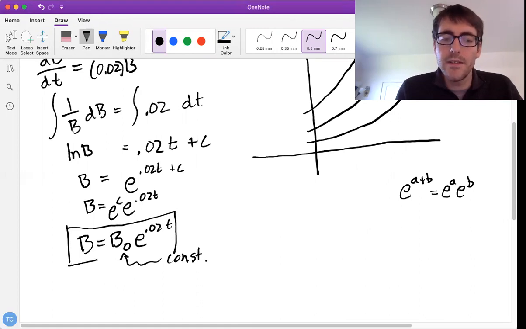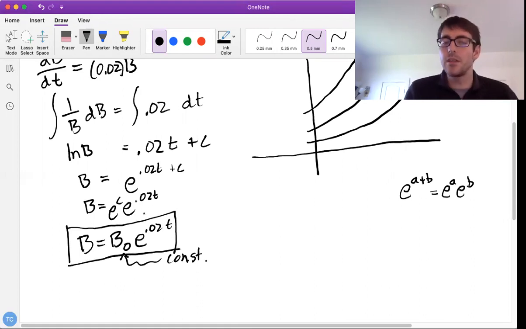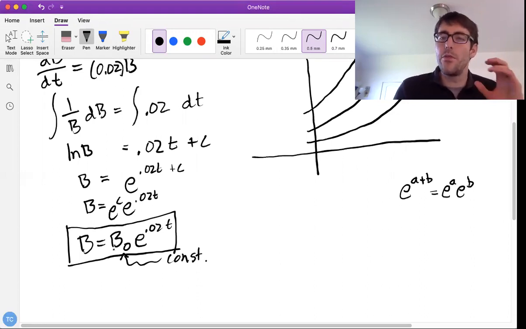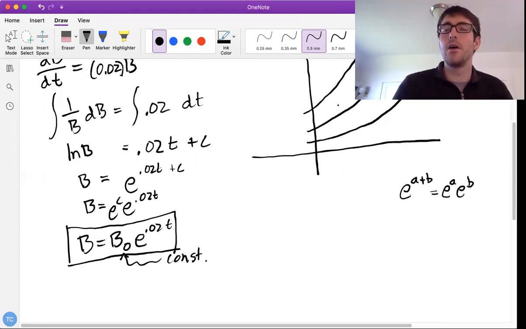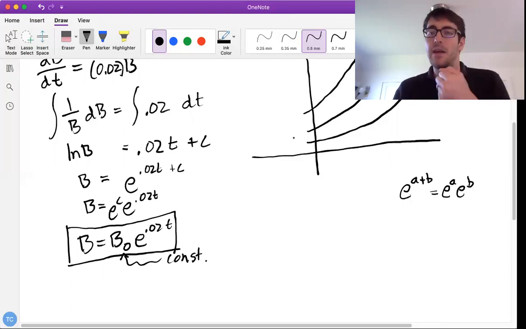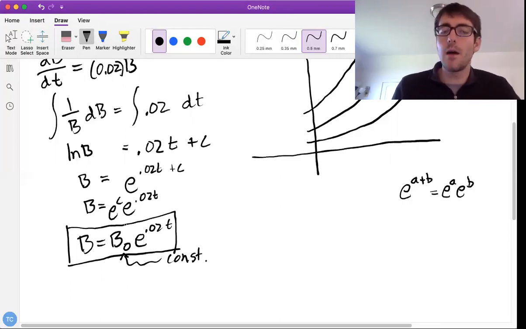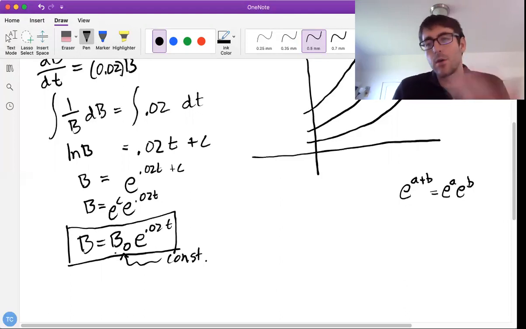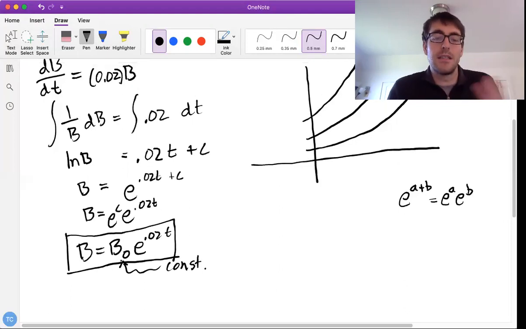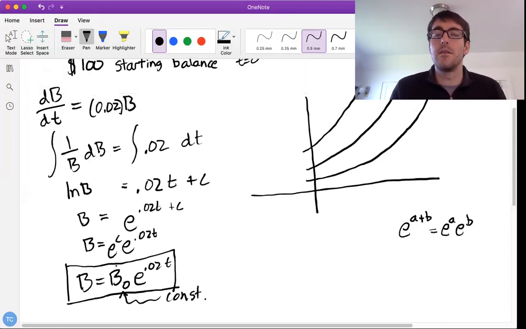All right. So this is the solution we're sort of after. The reason that we like this particular solution more is because the way of specifying which of the infinitely many solutions we're using comes down to specifying this b0, which, intentionally, is going to be our starting balance.